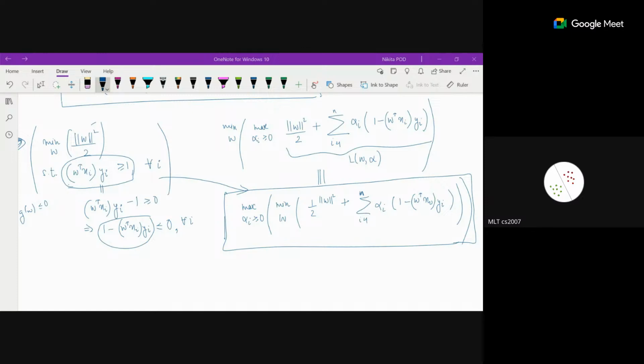When we were trying to maximize my gamma, we observed that we should put some restriction on W also, because at the moment I scale my W, my gamma also gets scaled up. And if we maximize that gamma, it can go to infinity. So that was not ideal.